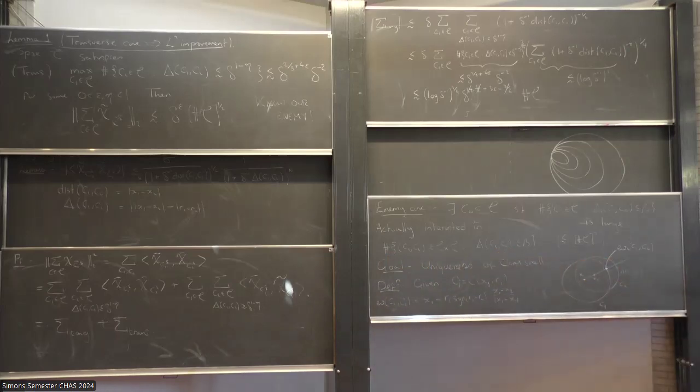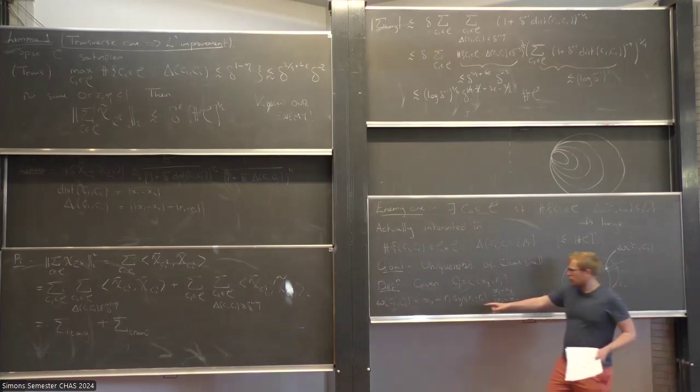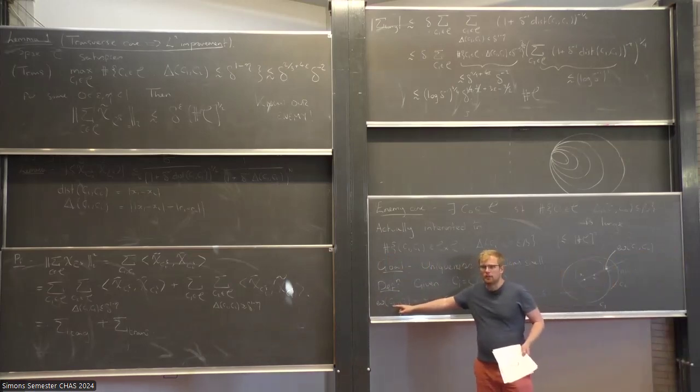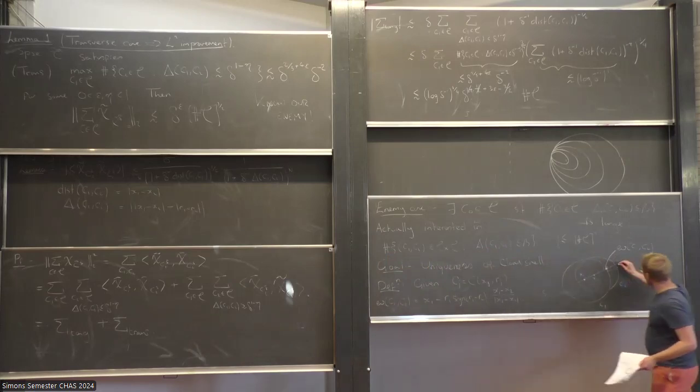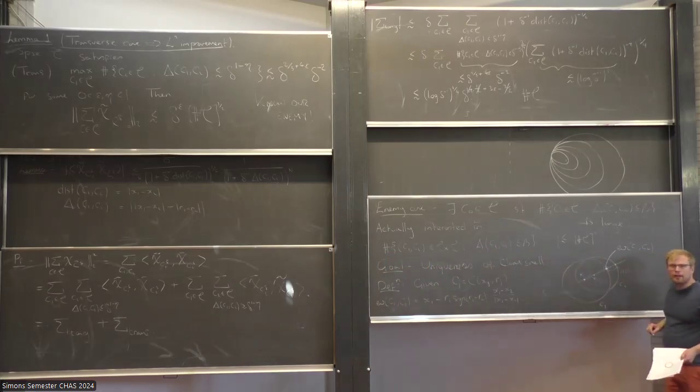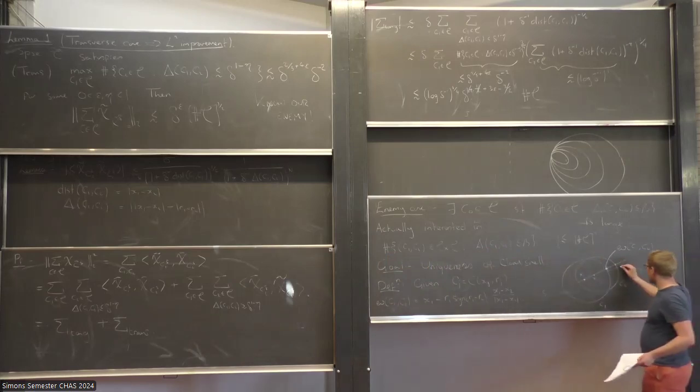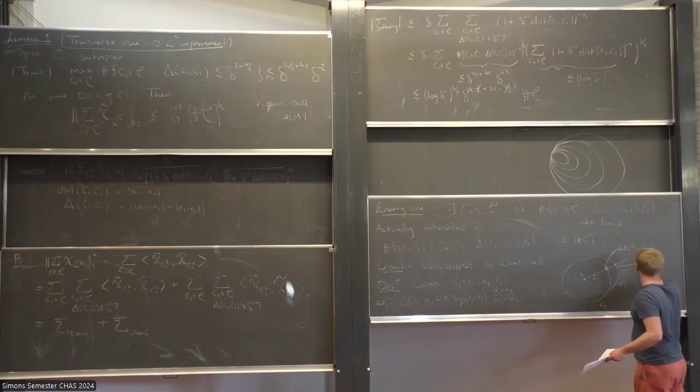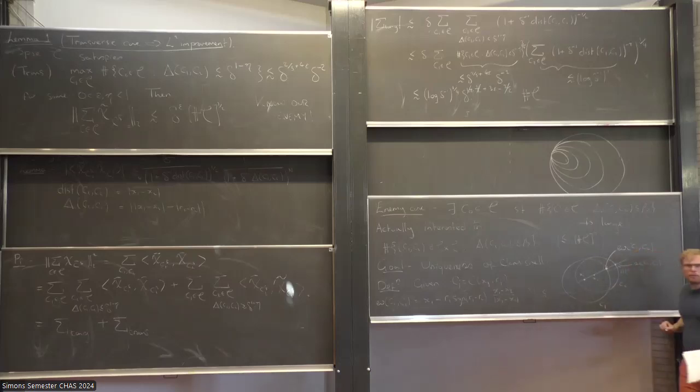So notice this is not a symmetric quantity. It's a point on C1 where the tangency occurs relative to C2. If we switch the order, then we'd be looking at this point here, omega of C2, C1. Happy with this?